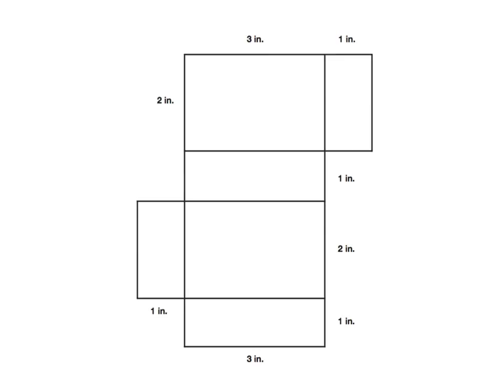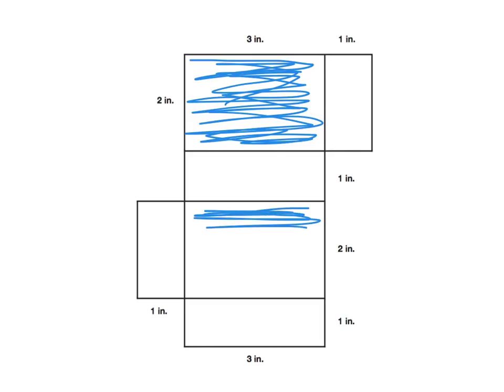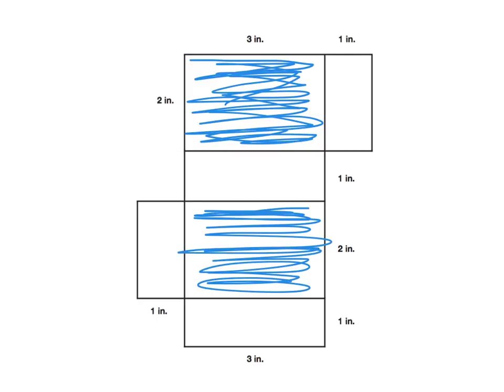So I'm going to go ahead and color in parts of this net that are going to be exactly the same. So right here, this space, this is going to be one of the faces of the rectangular prism that is going to be exactly the same as this one, because when we have a rectangular prism, we have parts that match up that are the exact double of each other, because if they didn't, then we would have a completely funky shape.